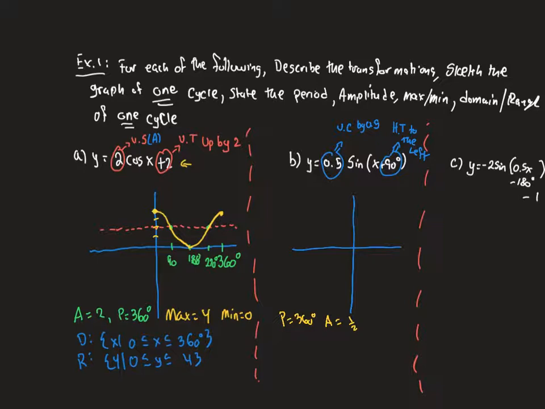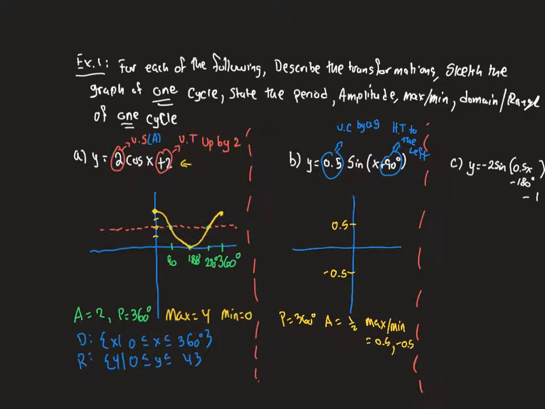I'm not going up or down, which means my max and my min would be 0.5 and negative 0.5.